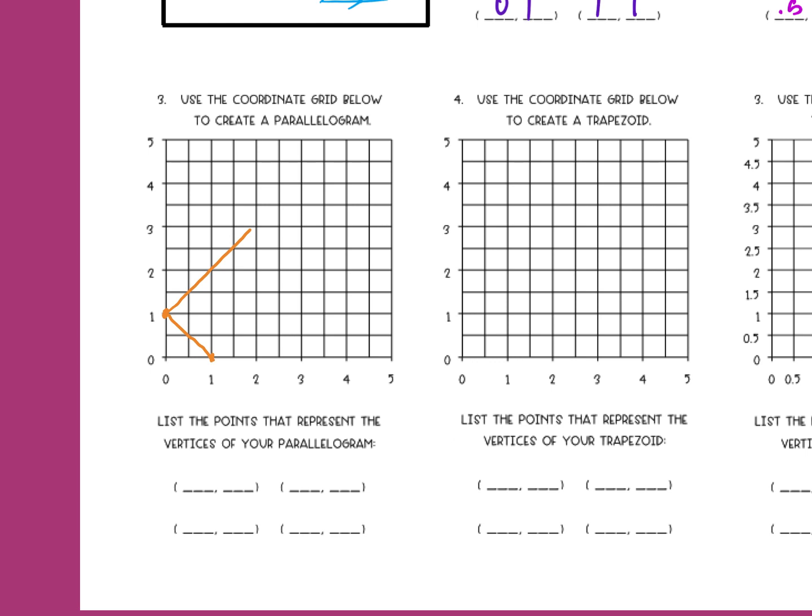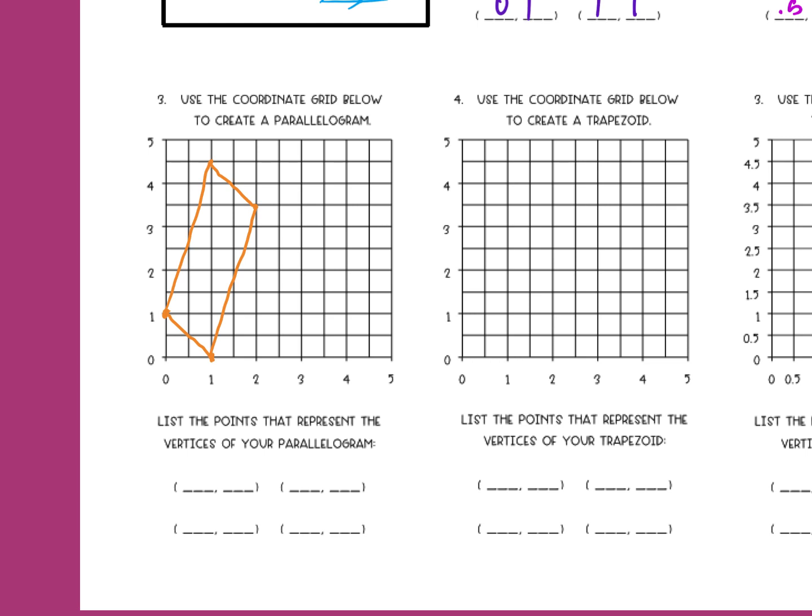Oh, that's not going to be a parallelogram. Everybody has different numbers. They look the same to me. The 1, 2, 3. There we go. Yes, everyone has different numbers.